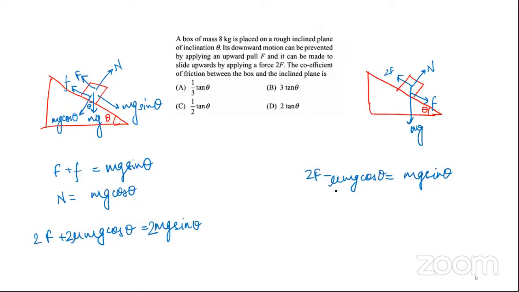And subtracting both of these equations, I'll have 3 mu mg cos theta equals mg sin theta. mg and mg get cancelled out, and this gives me mu equals 1 by 3 tan theta. So A is the right answer.